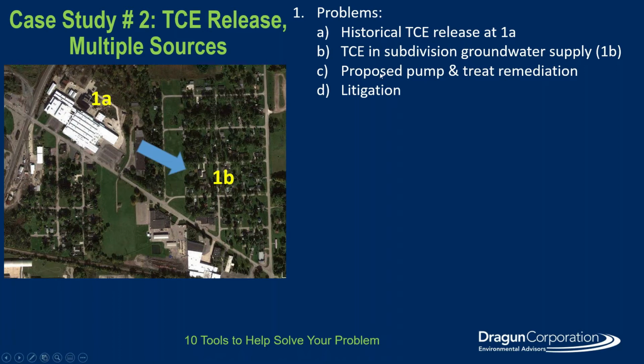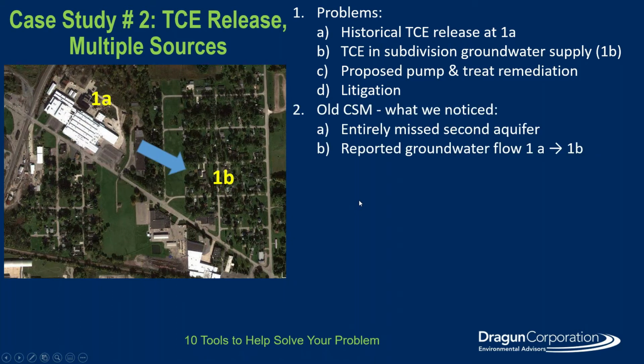They resulted in a proposed pump and treat remediation, and also there was threatened litigation because the groundwater flow that the previous consultant had determined was from 1A to 1B. What we noticed was the previous consultant had entirely missed a second aquifer.